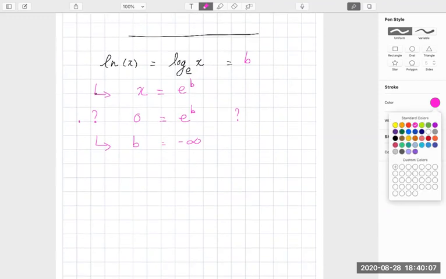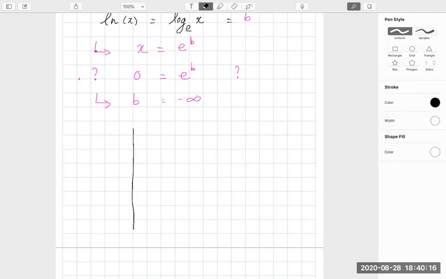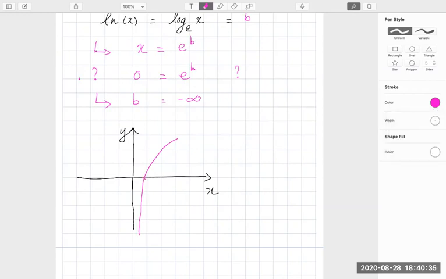And the graph of the natural log function, if you remember, is the inverse of e to the x. Suppose this is the Cartesian coordinate, x and y here. The natural log function will be somehow like this guy. When x is equal to 1, y will be 0.